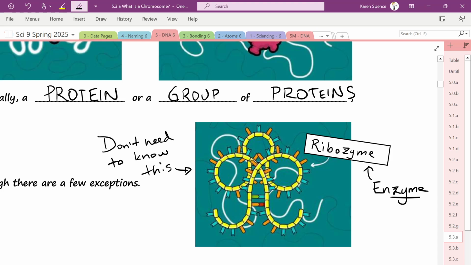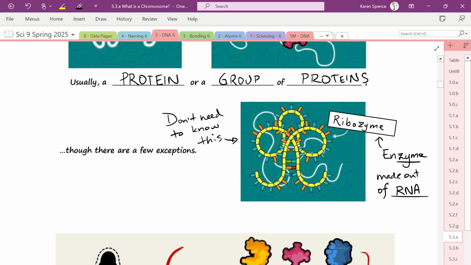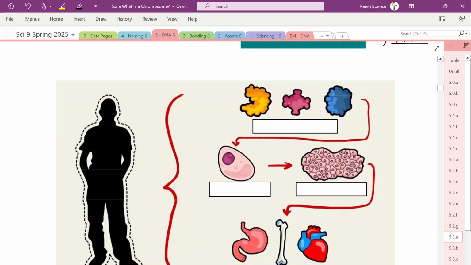But instead of being made out of protein, it is made out of, and again, can you take a guess as to what it's made out of? Ribosomes would be a good guess, but I want you to take a look at the structure. It's made of RNA. Okay? So there's actually another type of RNA, but we won't be talking about that. Okay? So you don't need to know this.